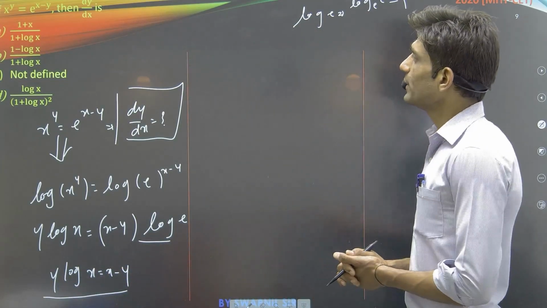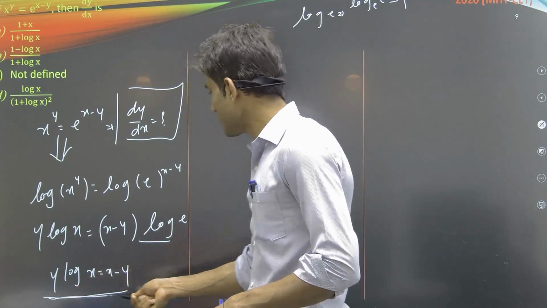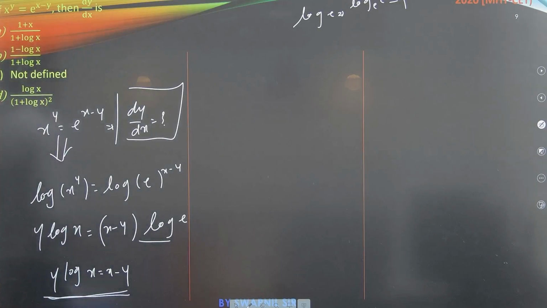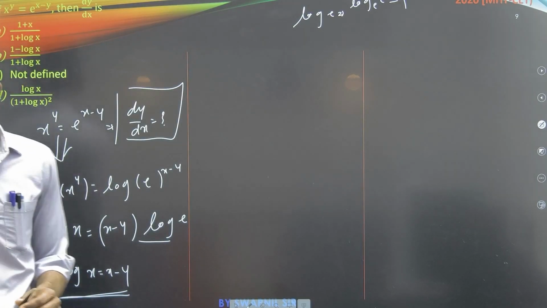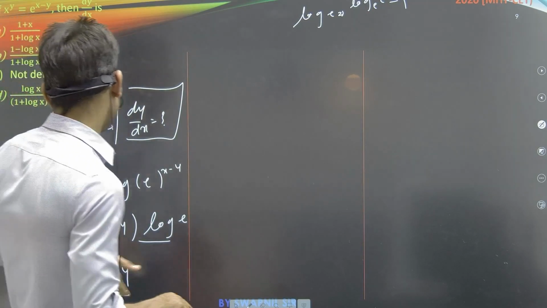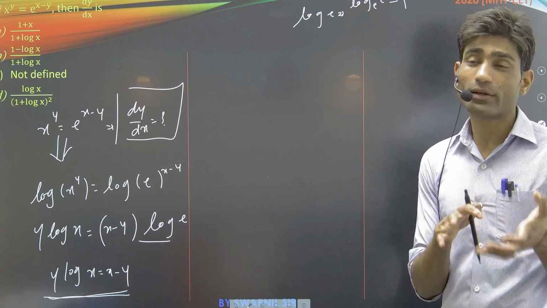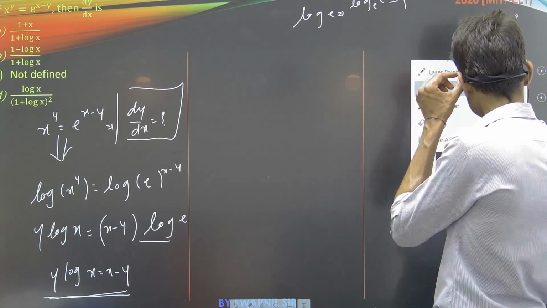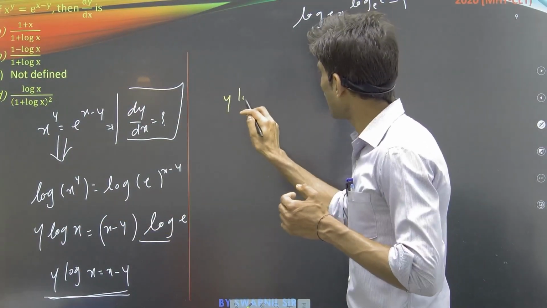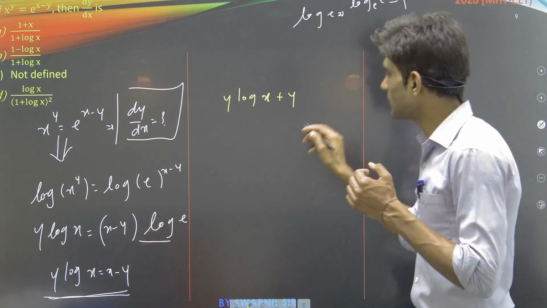So let's go for finding the differentiation. This is the simplified form: y log x equals x minus y. Take the similar terms to one side and the remaining terms to the other side, so we take all the y terms together. We write y log x plus y equals x.